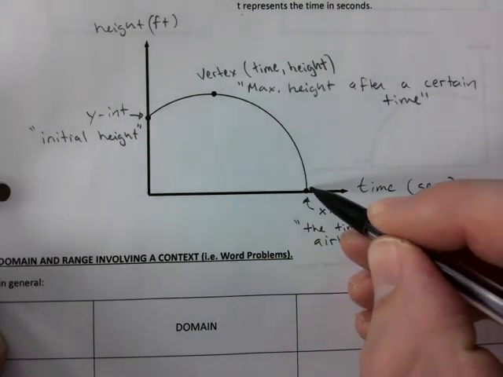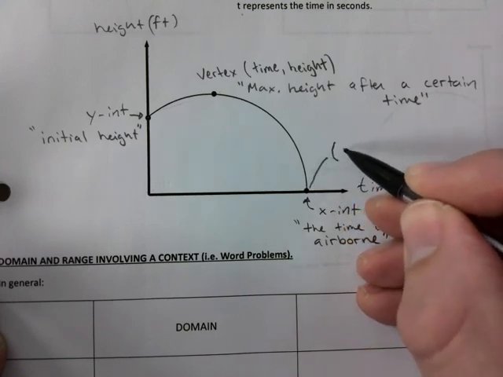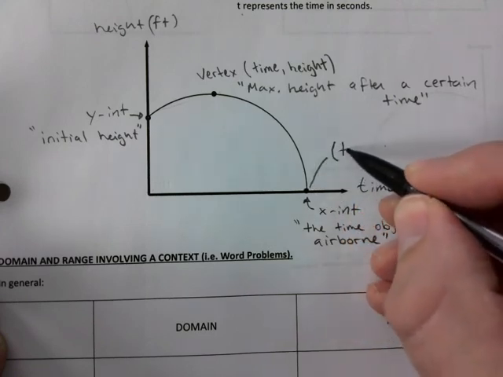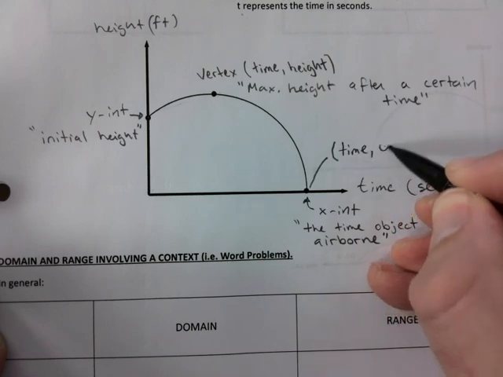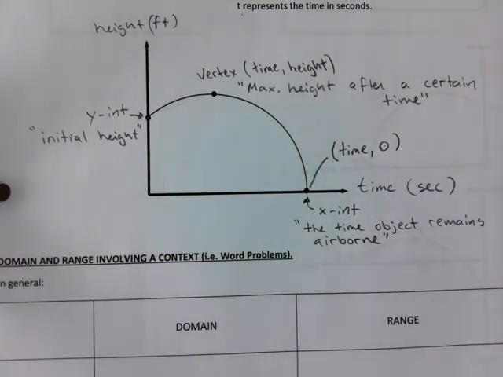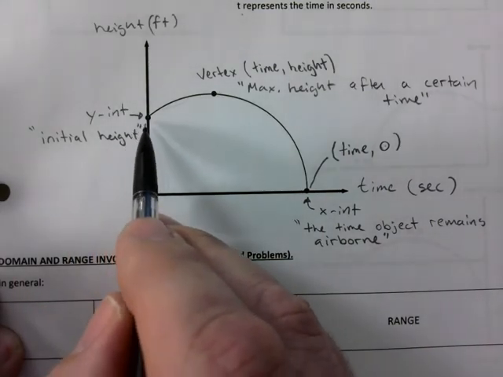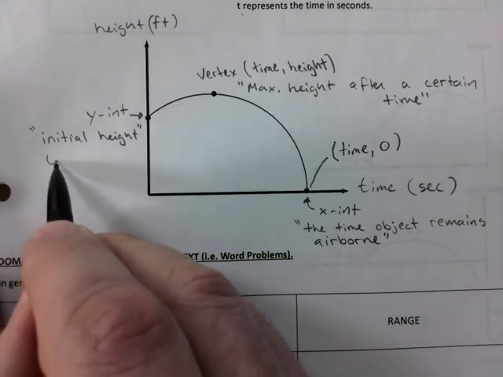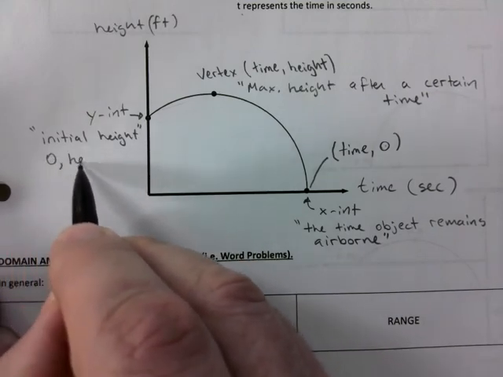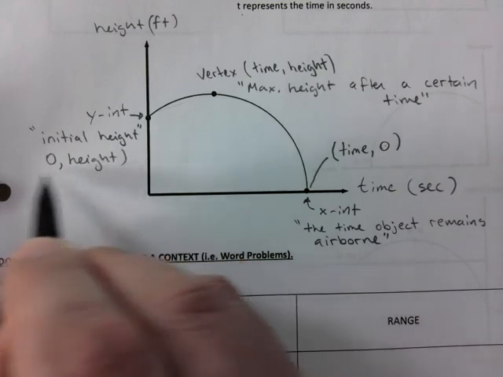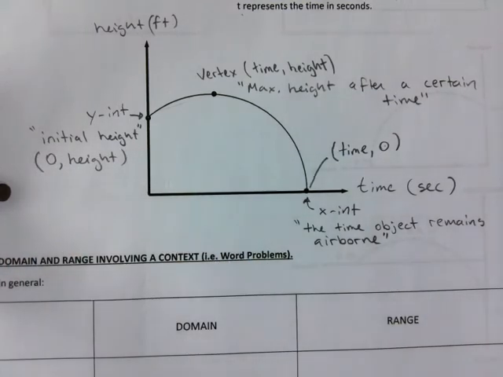And specifically, this would also be referred to as time, 0, because at that point the height is 0. So if we want to look at it as a coordinate, that's how you would refer to it. Here, this one would be when time is 0, you have a certain height.